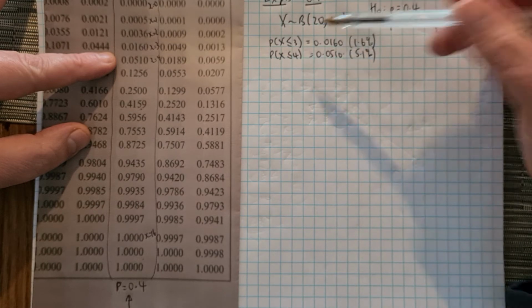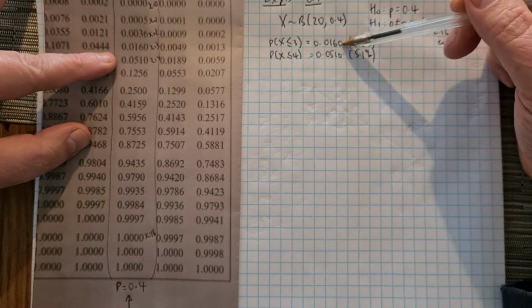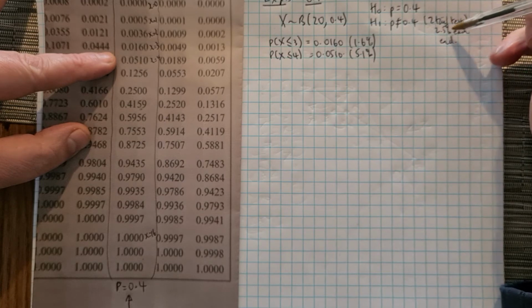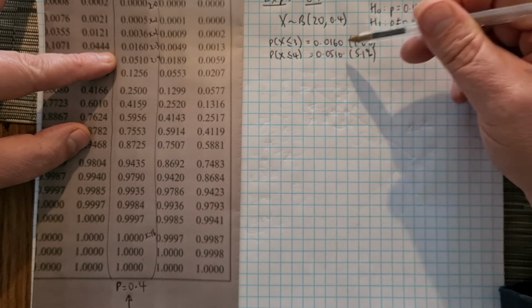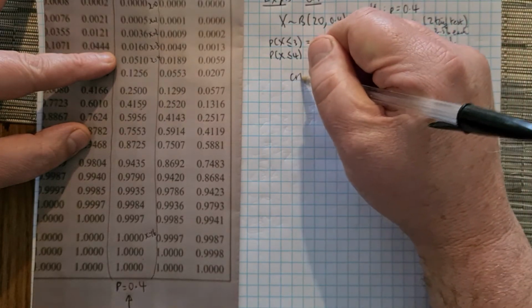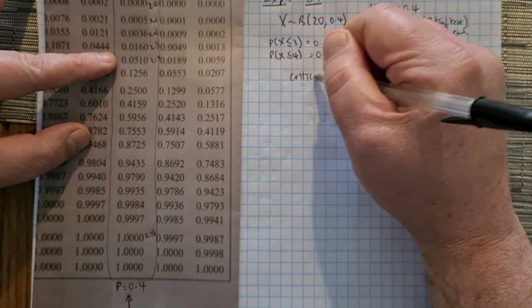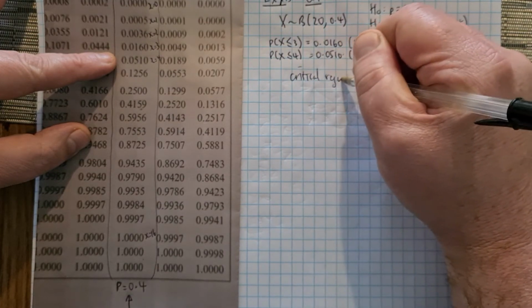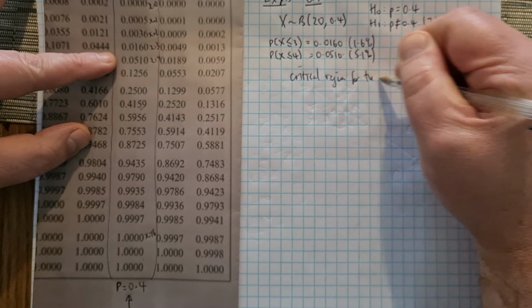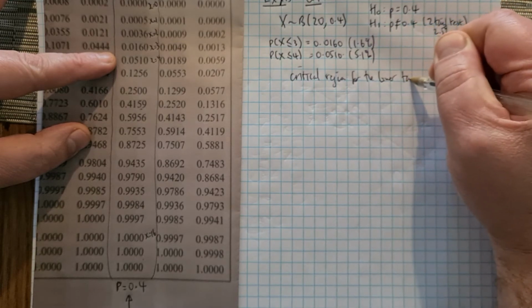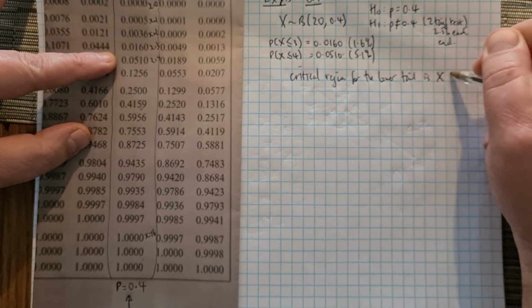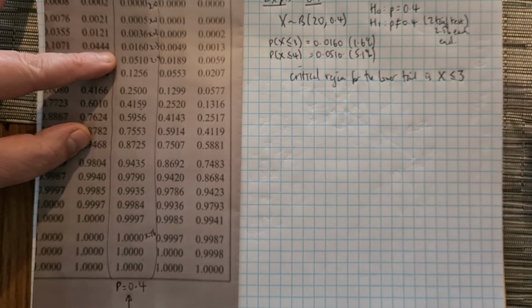So the final value we can get to for x is 3, which keeps us inside the significance level of 2.5%. So our critical region for the lower tail is going to be x is less than or equal to 3.